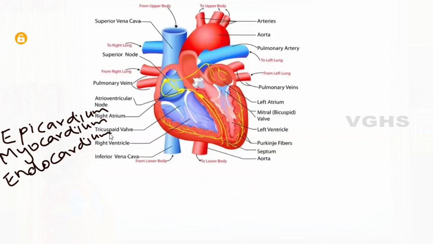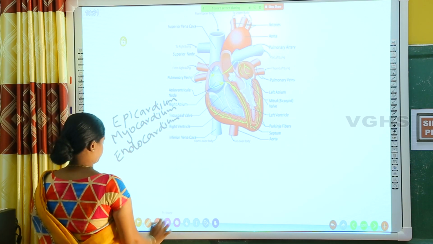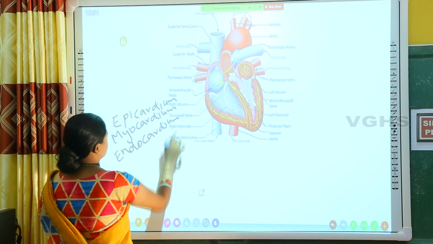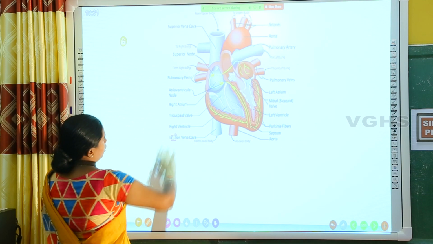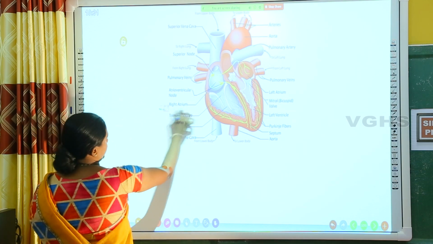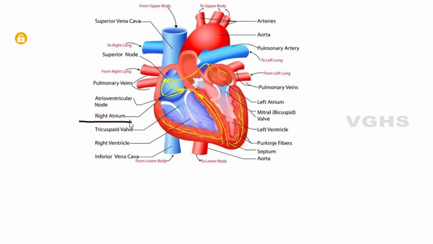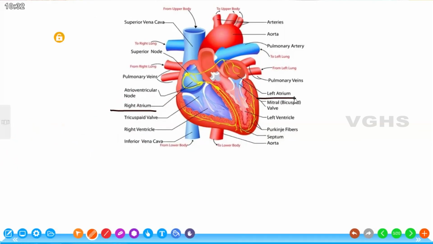Okay? Here you can observe, I already mentioned to you, this is the right atrium and this is the left atrium. This is the right ventricle and this is the left ventricle.